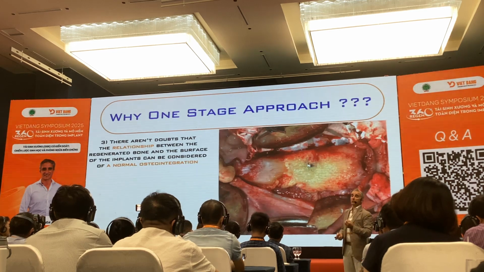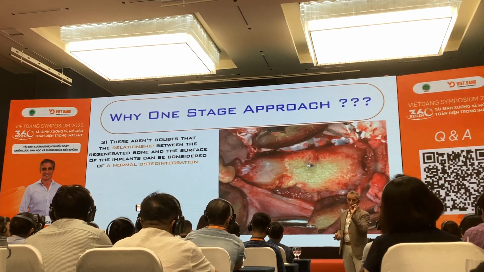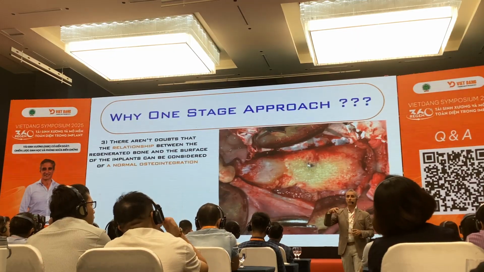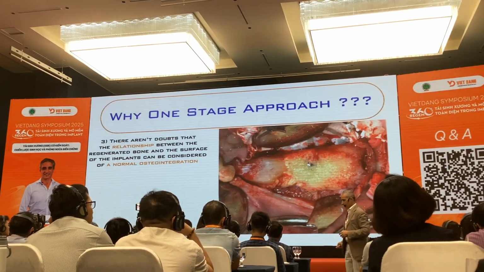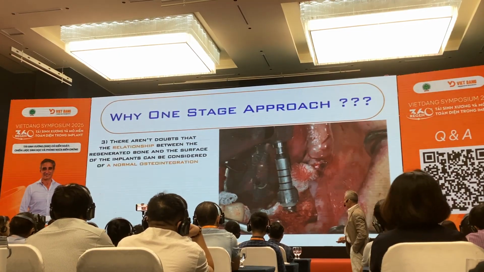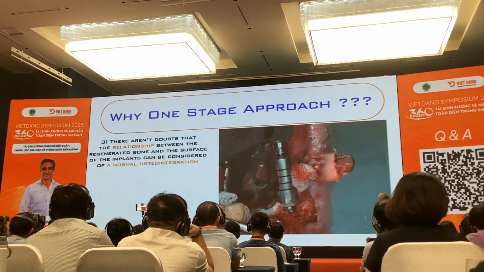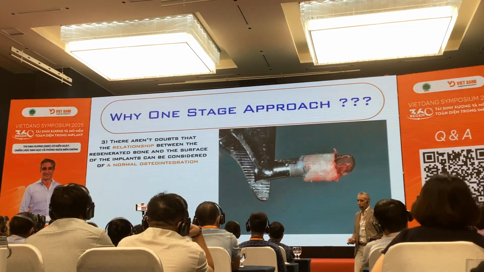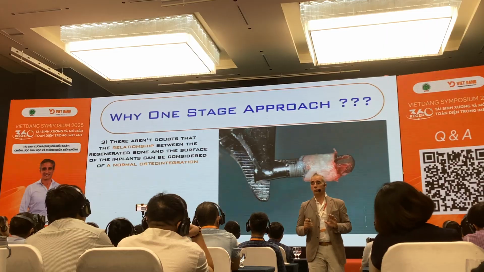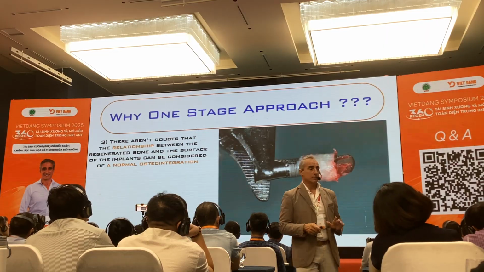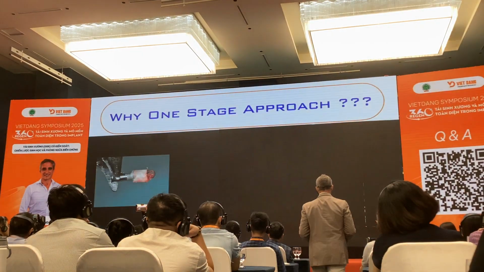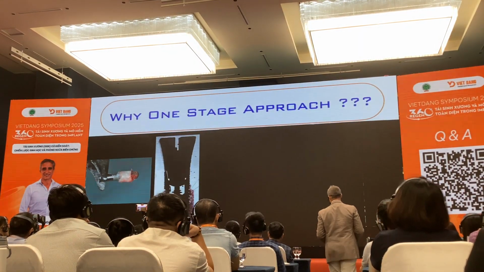This one was 3 millimeters wide, very thin, and instead I place an implant of 5 millimeters. So I remove the implant with a 3-5 and this is the bone attached clinically to the surface of the implant, and I analyze the relationship between them.